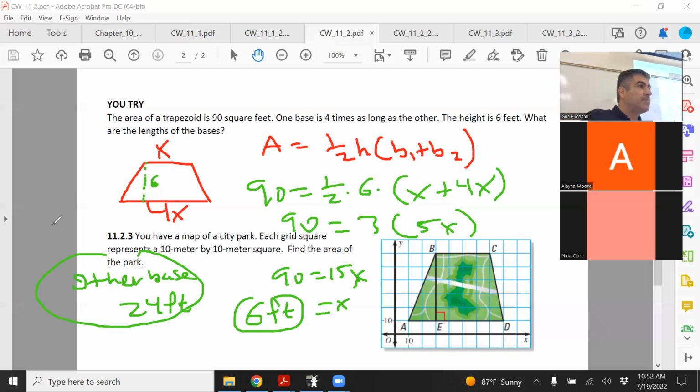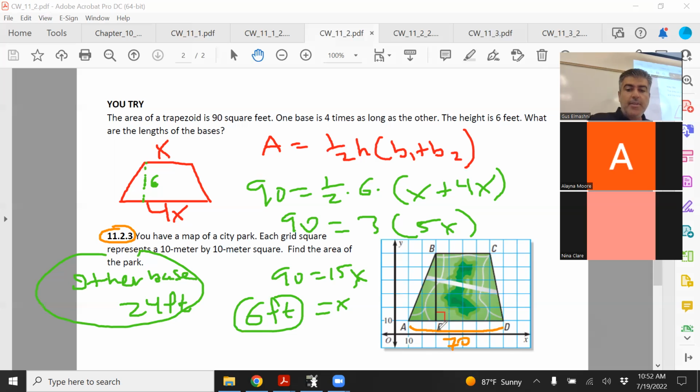Any questions? No? Okay. I won't move the screen. Why don't you guys try 11.2.3, the one right below. You're asked to find the area of the park. And you know that each grid square represents 10 square meters. So this then would be, how long would that be? 3, 4, 5, 6, 7. That'd be 70. It's 7 grid marks, but each grid mark is 10 meters.